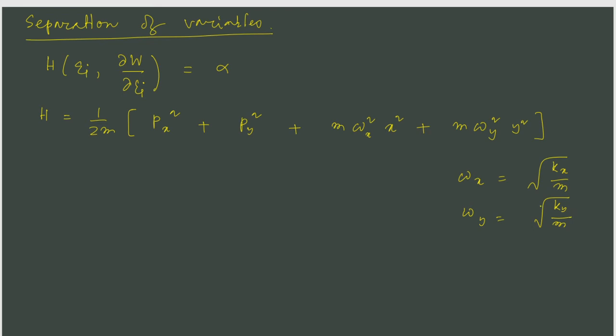Now, for such a given Hamiltonian, if we use the above notation where q1 is x and q2 is y, and we have the characteristic function written in terms of q1 and q2, then if we simply apply this, what do we get?